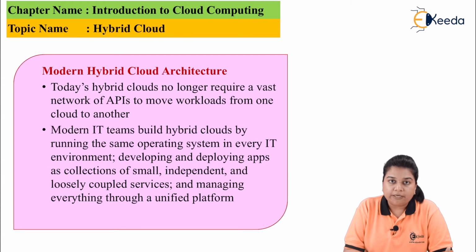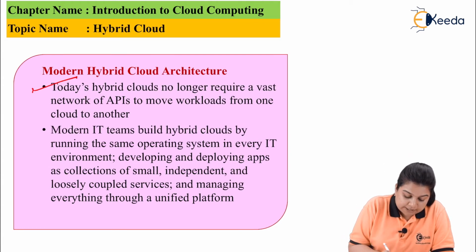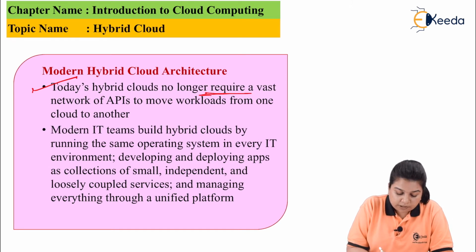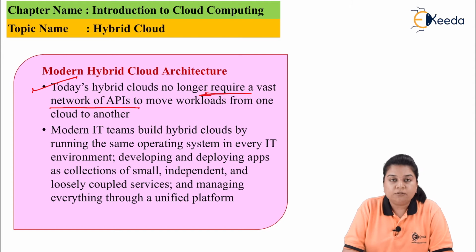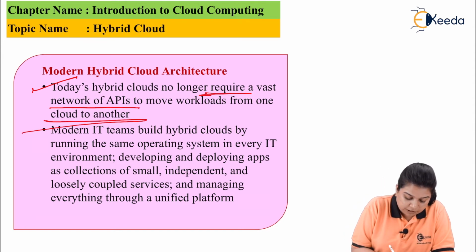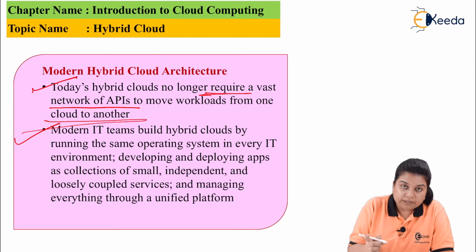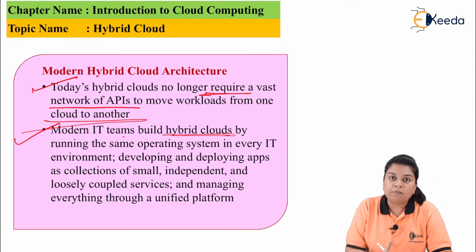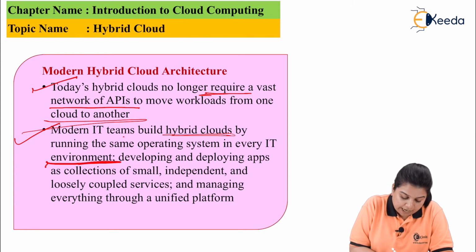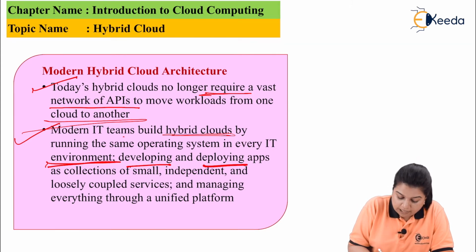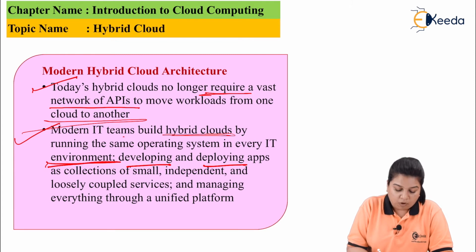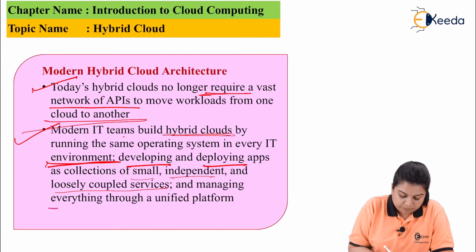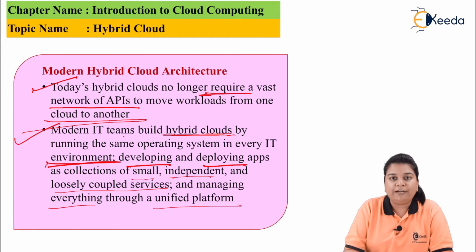Modern hybrid cloud architecture: today's hybrid clouds no longer require a vast network of APIs to move workloads from one cloud to another. Modern IT teams build hybrid clouds by running the same operating system in every IT environment, developing and deploying apps as a collection of small, independent and loosely coupled services, and managing everything through a unified platform.